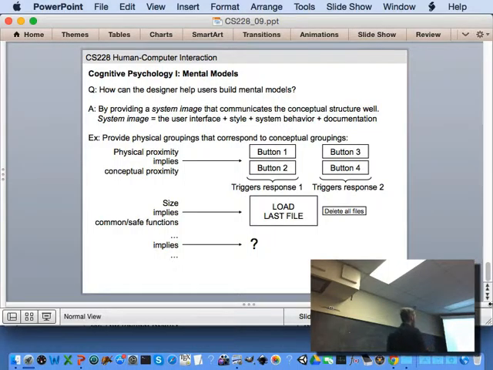So button 1 and 2 trigger the same or a similar response, or they correspond to some similar function. Maybe things that the user uses most often you make big or easy to click on or most visible, and things that they do very rarely or things that might be potentially dangerous, you make small, you put them out of the way, you make it hard on purpose to trigger that function. Okay. Physical proximity implies conceptual proximity. Size implies common or safe functions.